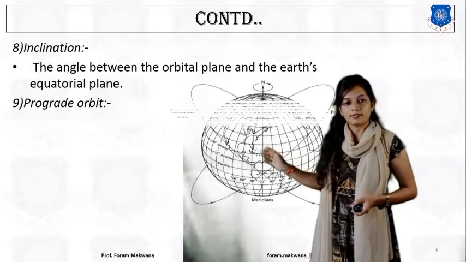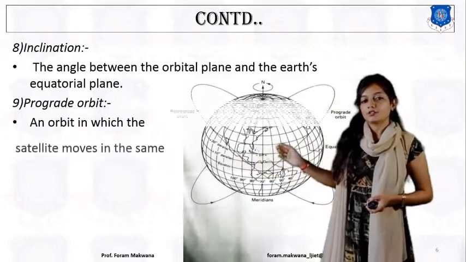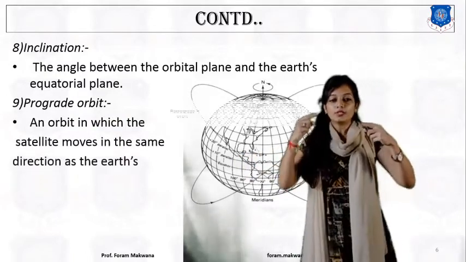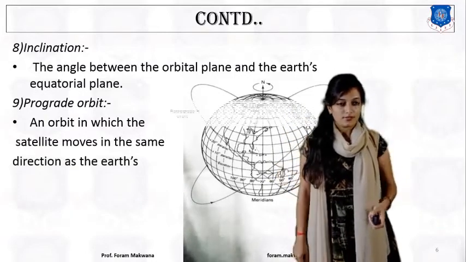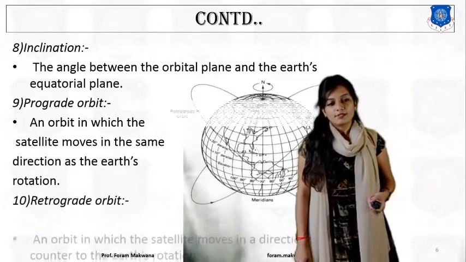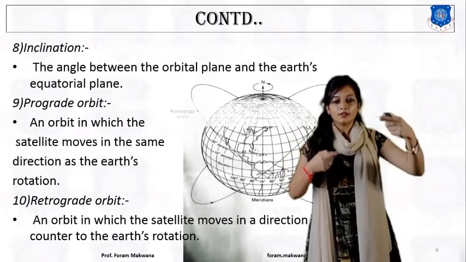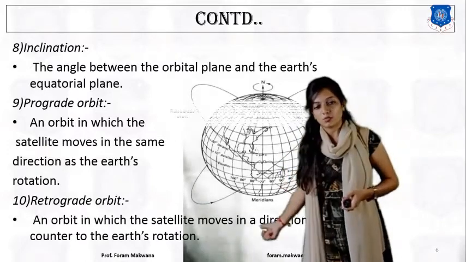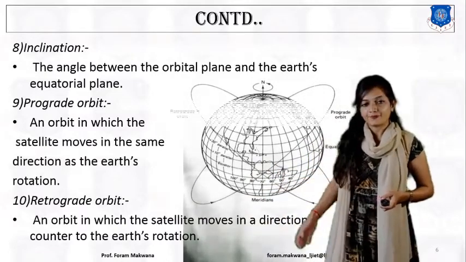Ninth, what is prograde orbit? It is the orbit in which a satellite moves in the same direction as the Earth rotates. That is called the prograde orbit. And retrograde means the orbit in which a satellite moves in the anti-clockwise direction to the Earth's rotation is called the retrograde orbit.